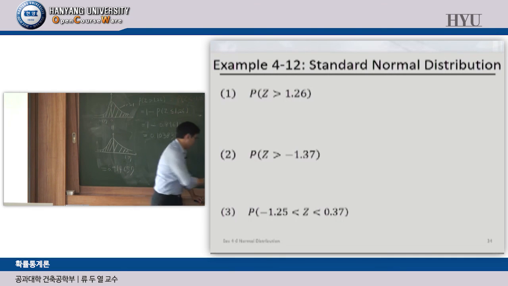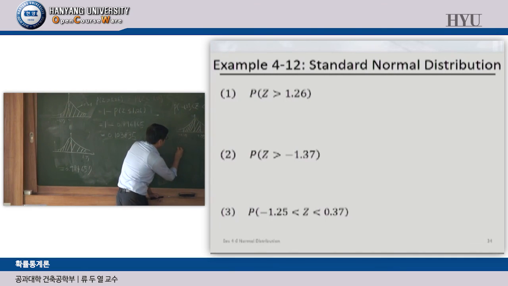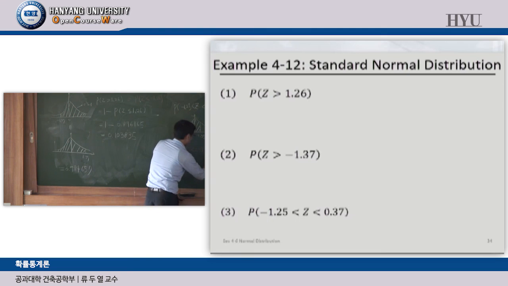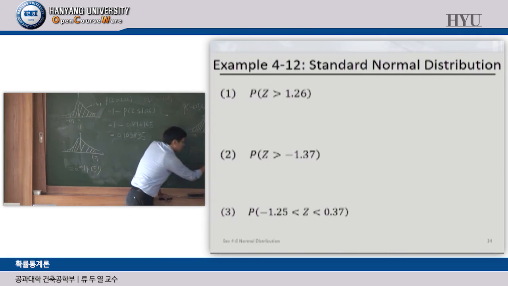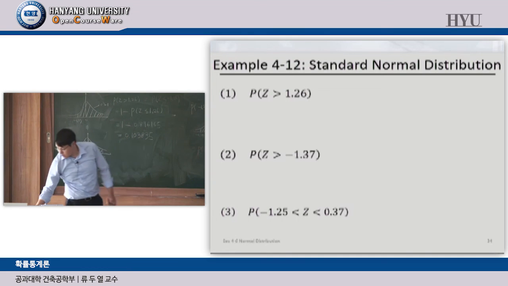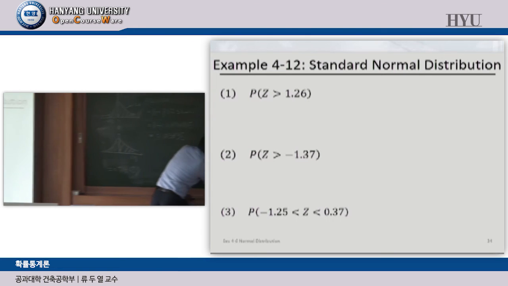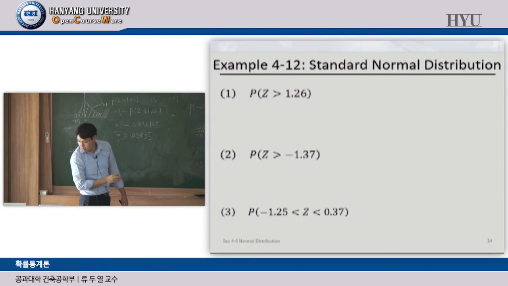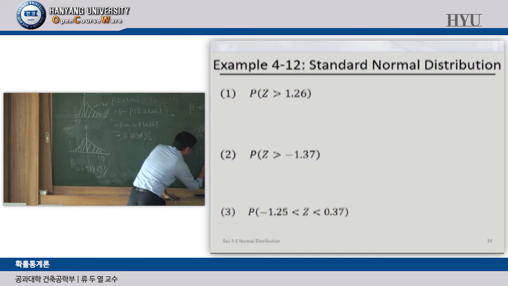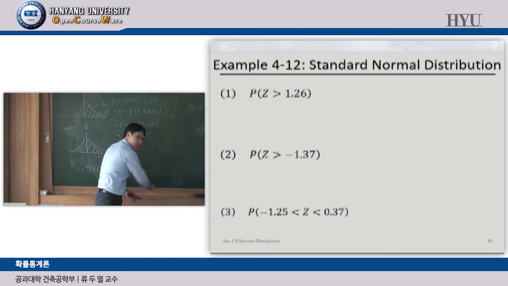So this can be the probability of Z when Z is smaller than 0.37 minus the probability of Z when Z is smaller than minus 1.25. Okay? So we can just use this table. The answer is this, okay?